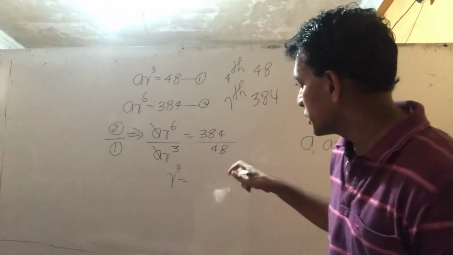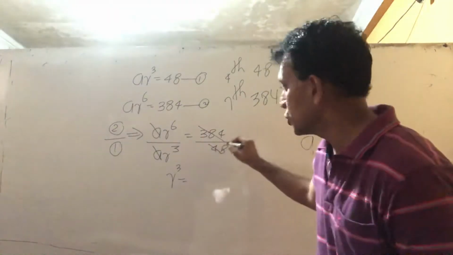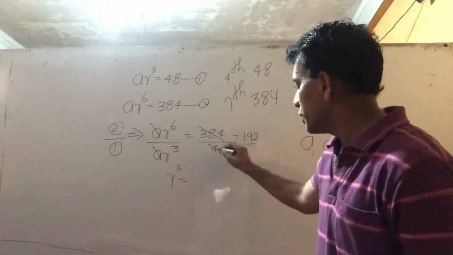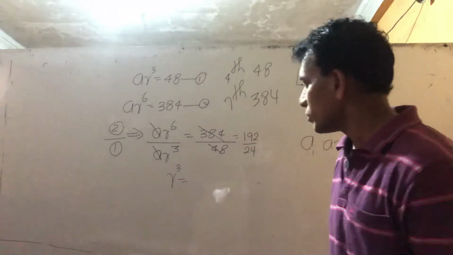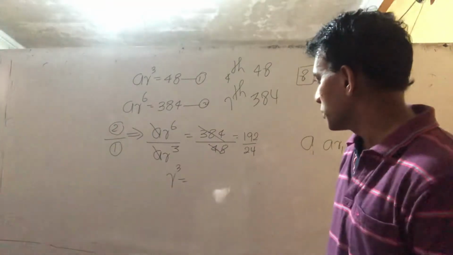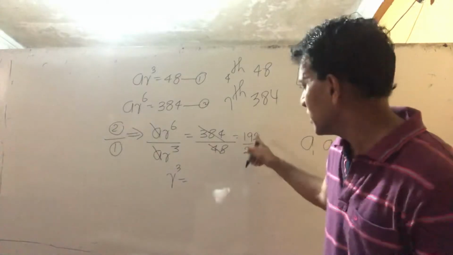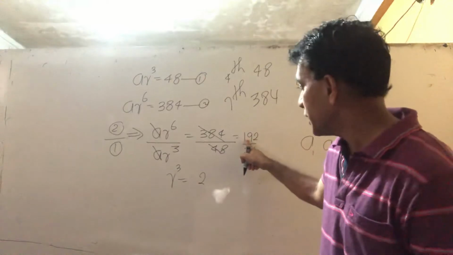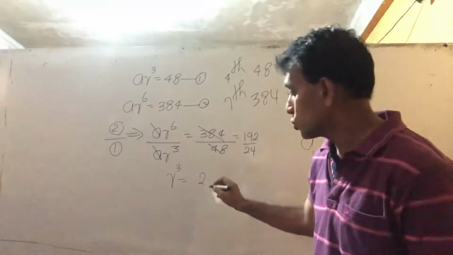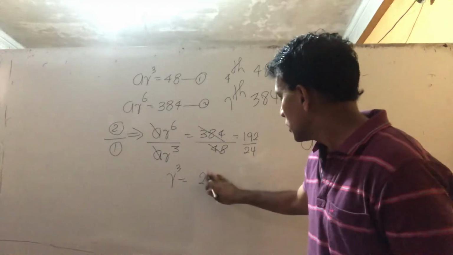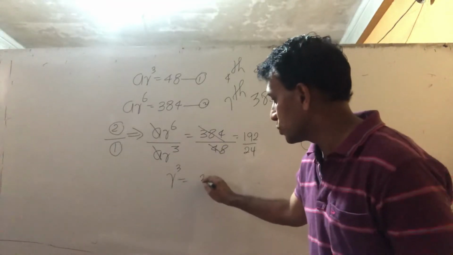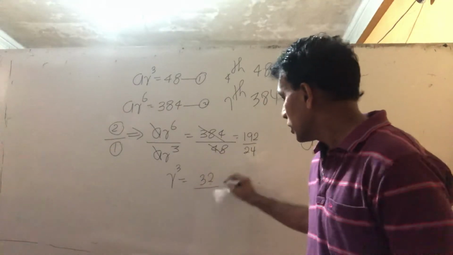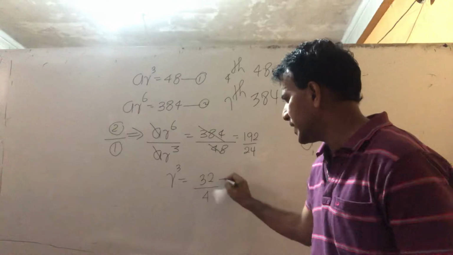Here try to cut by what? If you cut by 2, 384 cut by 2 is 192, 48 cut by 2 is 24. Then cut by 4 also, 6 here. Cut by 6 here. 6 times 3 is 18, 1 remaining... 6 times 4 is 24, they have 8.